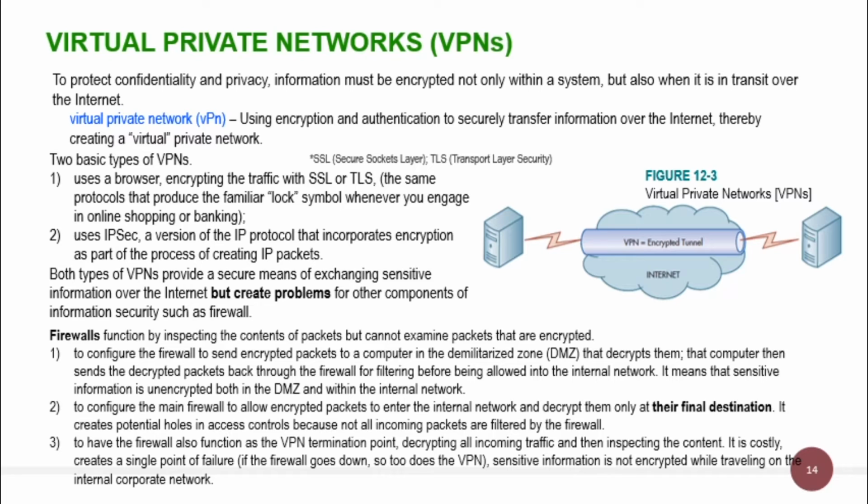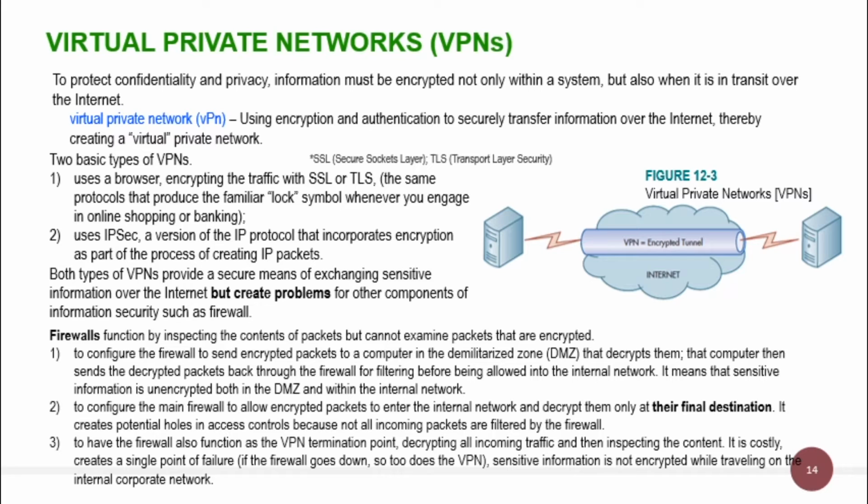And the two basic types of VPN are, first, one that uses a browser encrypting the traffic with SSL, or Secure Socket Layer, or TLS, or Transport Layer Security. It is the same protocol that produces a lock like in online shopping or in online banking.